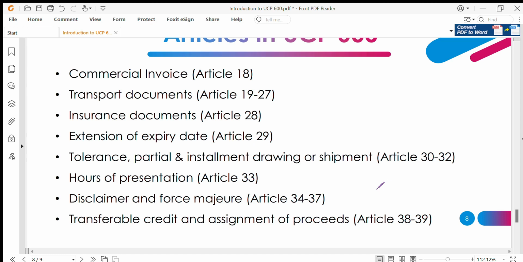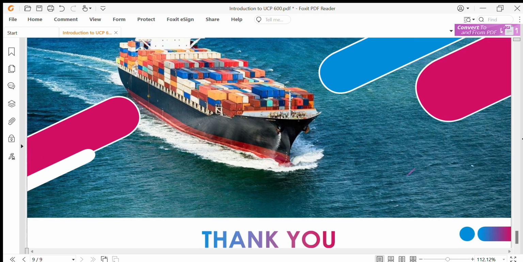And Article 39 finally talks about assignment of proceeds under documentary credit. Yes, the exporter is entitled to the proceeds, and whether these proceeds could be assigned to somebody else is dealt with in Article 39. So with that, we are done looking at a brief introduction to UCP 600.